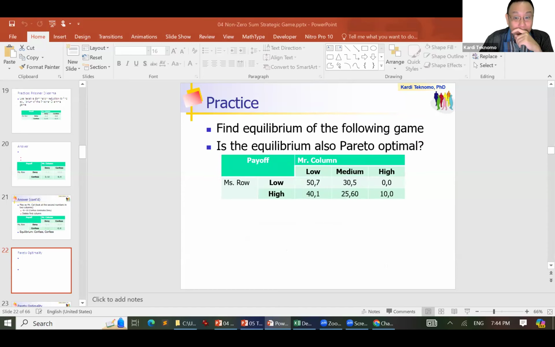Okay, so now can you find the equilibrium of this game, and can you also find the Pareto optimality? Anyone? Pareto optimal is easy, it's just the sum. So it's clear. Which one is the largest? Okay, let's practice.